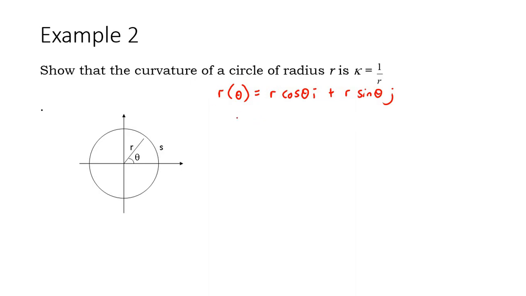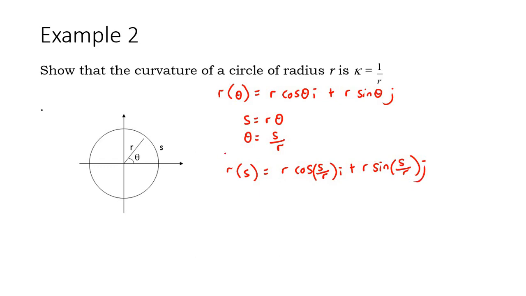We know the arc length of a circle, s, is r theta, so theta will be s over r. That's why r in terms of arc length s will be r cos of s over r i plus r sin of s over r j, replacing theta by s over r.